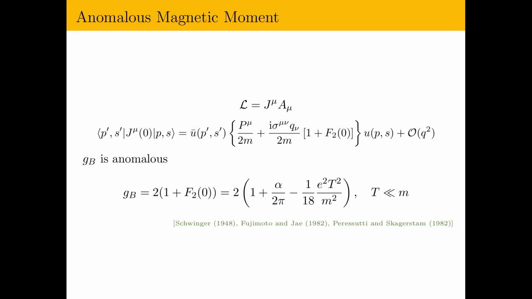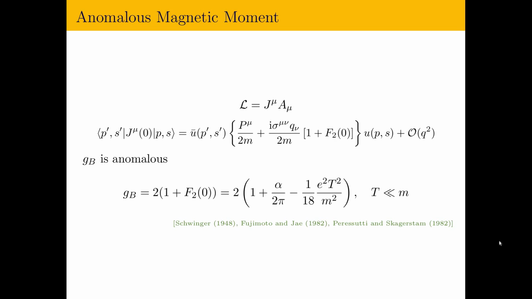To show you how we determined the gravitomagnetic moment, I once again make a comparison with the magnetic moment. The interaction Lagrangian is the scalar product between the electric current J and the gauge field A. The anomalous magnetic moment is given by a form factor of the matrix elements of the electric current.